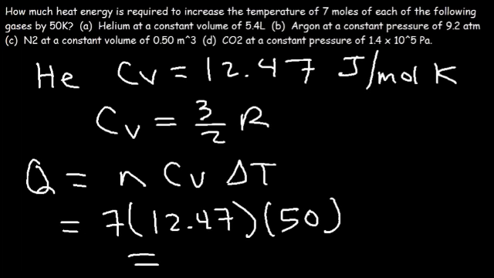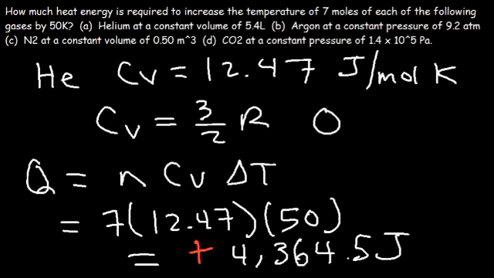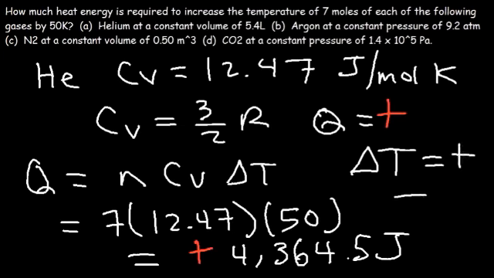So Q is equal to positive 4,364.5 joules. A positive Q value is typically associated with an increase in temperature. So the change in temperature is going to be positive when Q is positive.